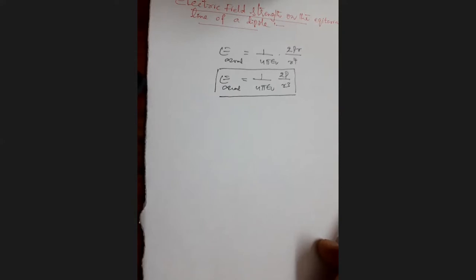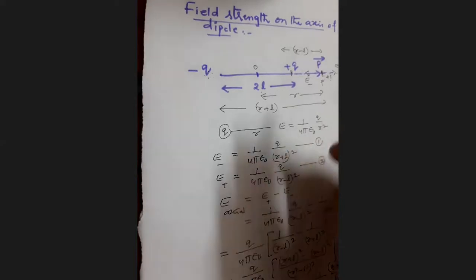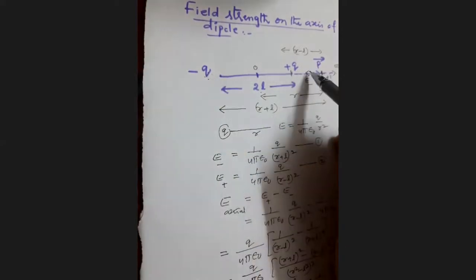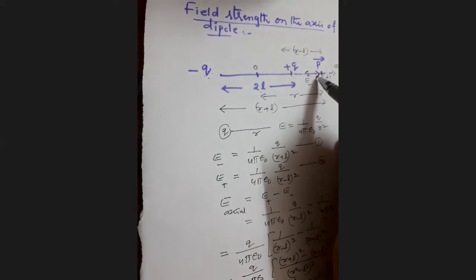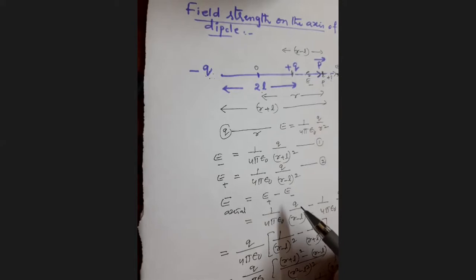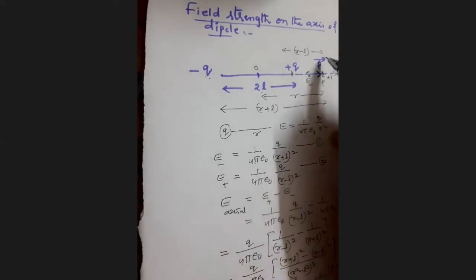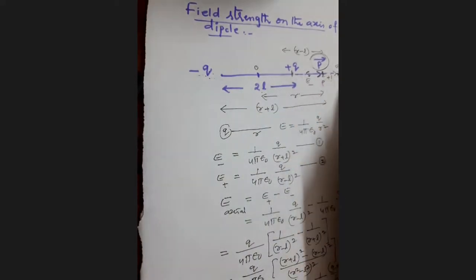So what is the direction of E axial bar? Observe this figure: due to minus q, E minus is in this direction, due to plus q, E plus is in this direction. Here E plus is greater than E minus. So the resultant direction is towards the right side, that is E plus. The direction of the dipole moment is also from minus q to plus q along the dipole axis.